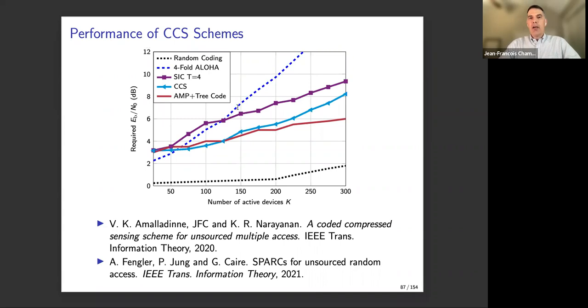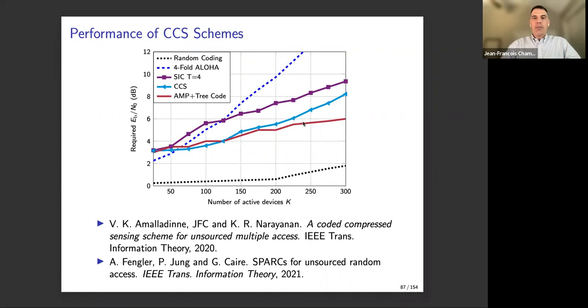The lines that are above track some of the algorithms that we have seen already. The line that's below the dashed line is this fundamental benchmark, an achievable scheme if you were not bound by complexity. Now in cyan, that's the coded compressed sensing, and the one in red is the enhancement by using approximate message passing, which shows some performance improvement.